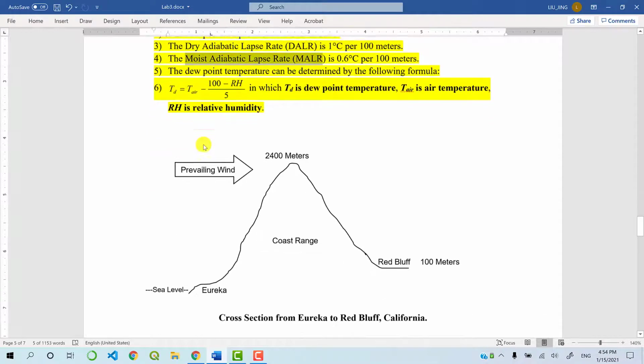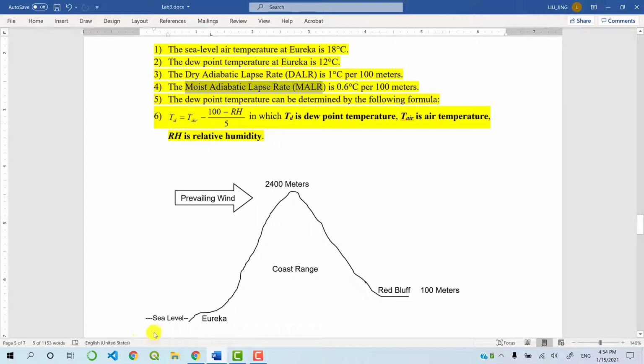Let's assume at sea level, when the air parcel started, the air temperature of the air parcel at Eureka is 18. Dew point temperature at Eureka is 12. It's the same air, but the dew point temperature is lower.